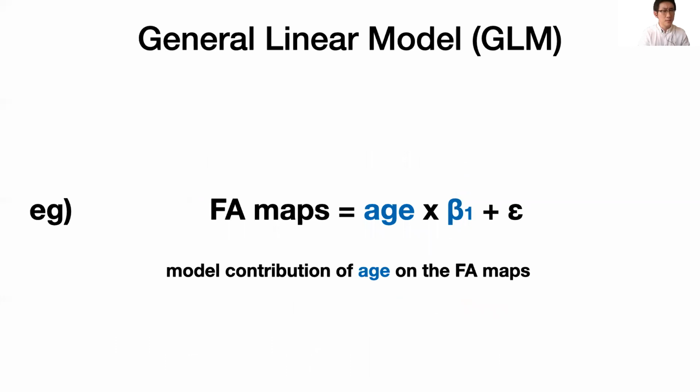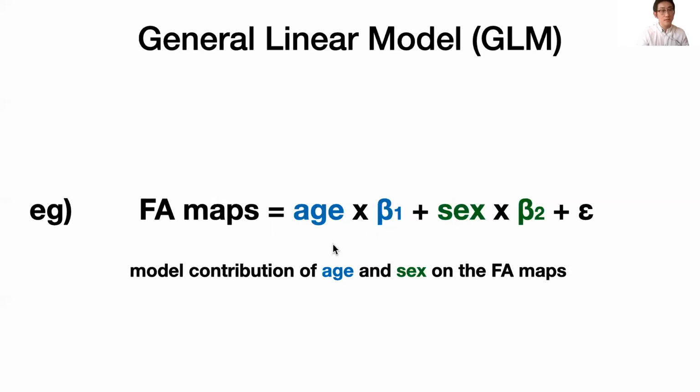As a simple example, you can estimate a beta map for age that can predict FA map patterns. In other words, find the cluster in the FA map that shows correlation with age, and then test whether this beta map is significant. You can do something similar with age and sex as the independent variables, get the beta maps for each, and then test whether the beta maps are significant.